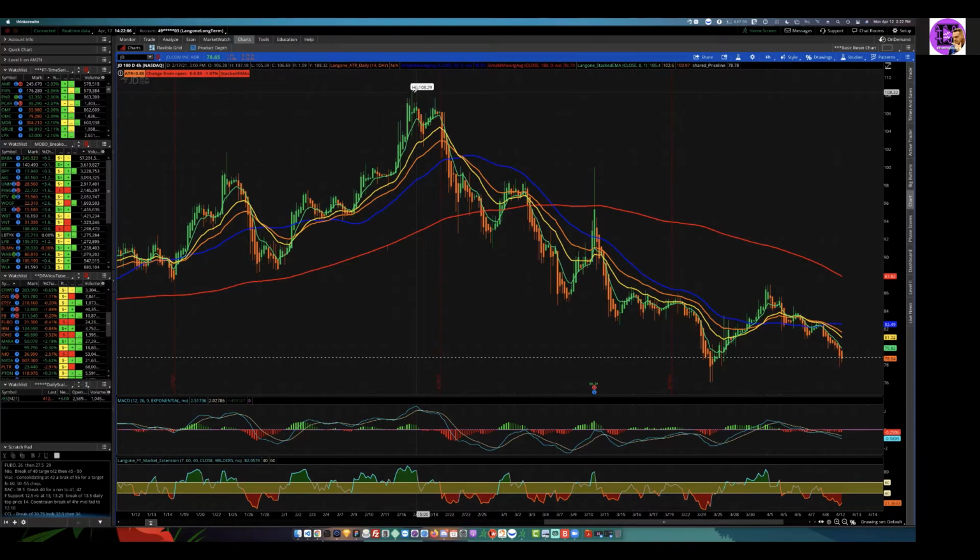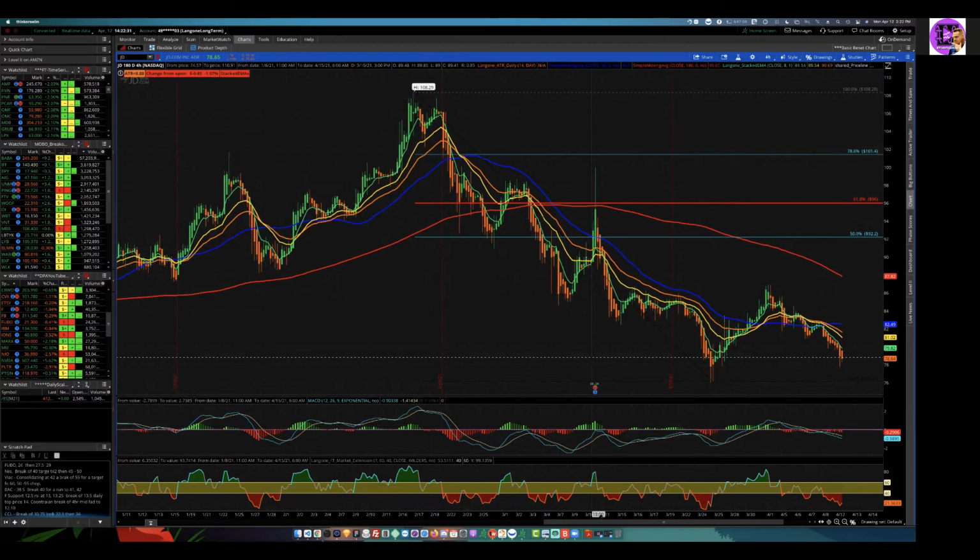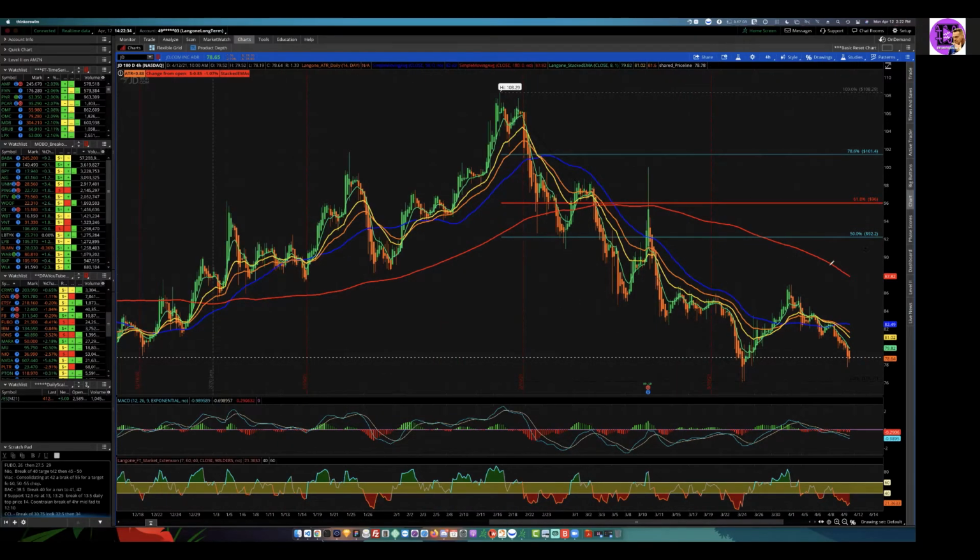Since the algo has been net buying, just steadily buying, I'm okay with getting into this position since it made a higher high today. And a higher low, higher high and a higher low. I feel like this is kind of setting up for a move upwards.